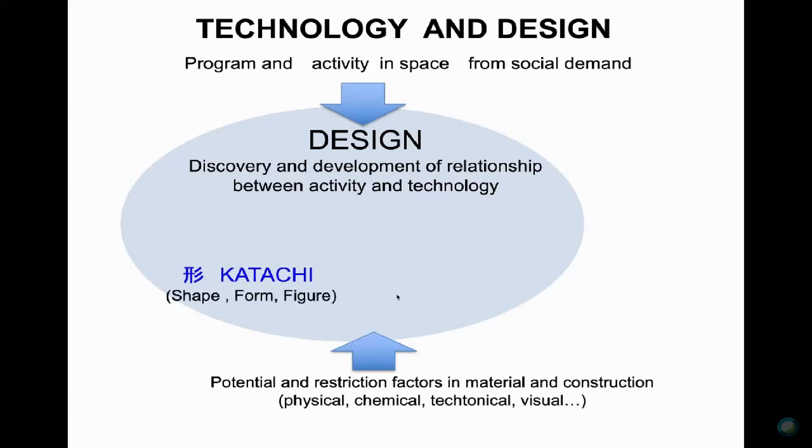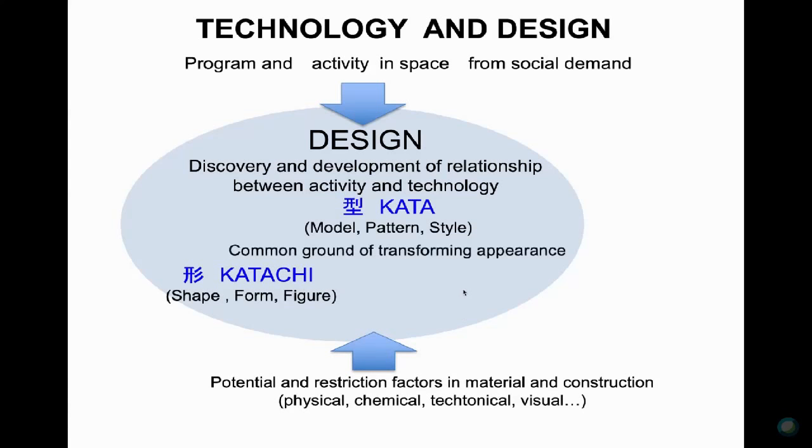We used to think that design starts with a shape or figure, which we call katachi in Japanese. In the background of the katachi, we should have some idea of the model, the pattern or style, which can write these shapes parametrically.